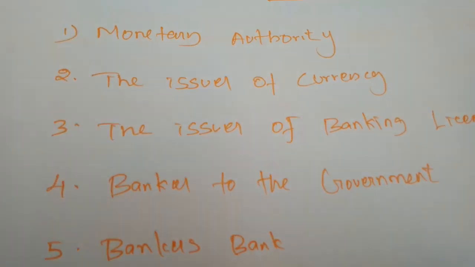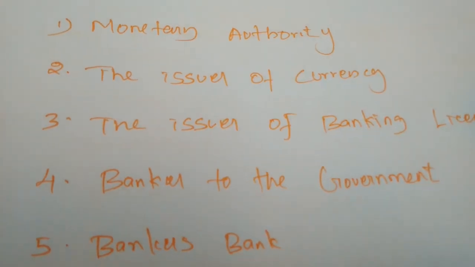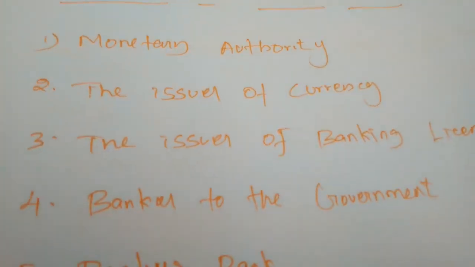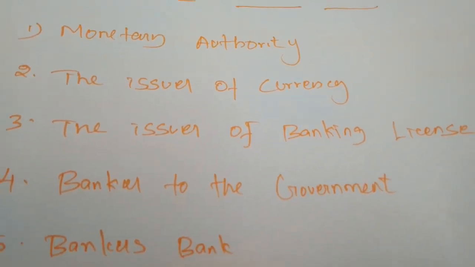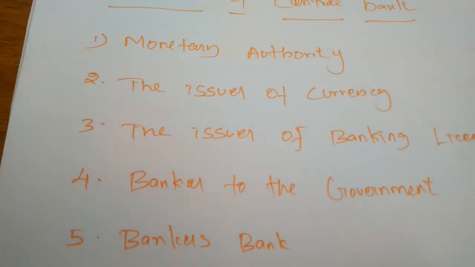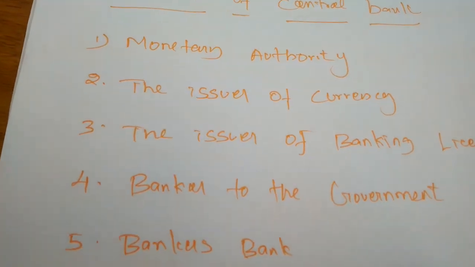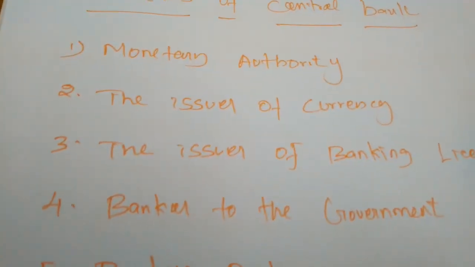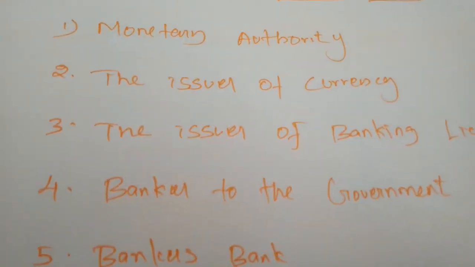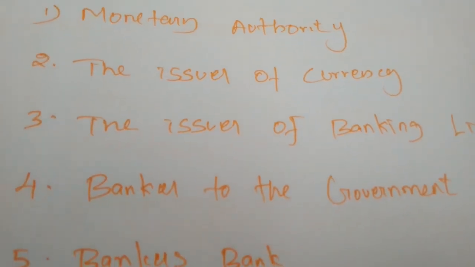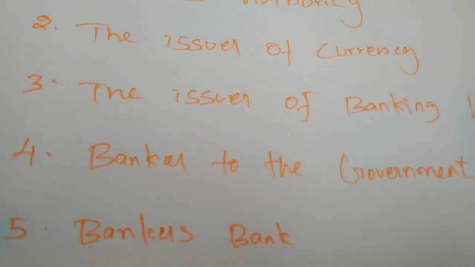Next, the issuer of currency. We know who will issue the currency, the Reserve Bank of India only. The objective is to maintain the currency and the credit system of the country. If the supply of money is at an equal or reasonable rate, it will be used for improving economic development.